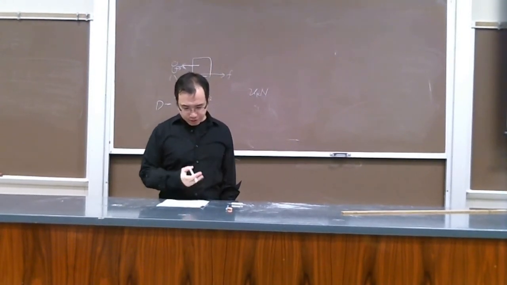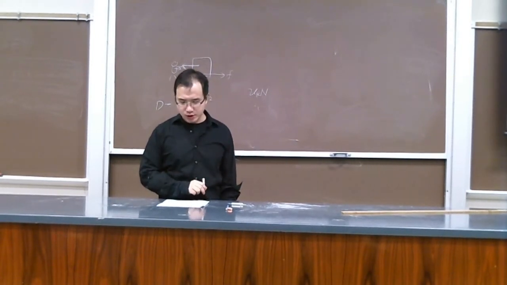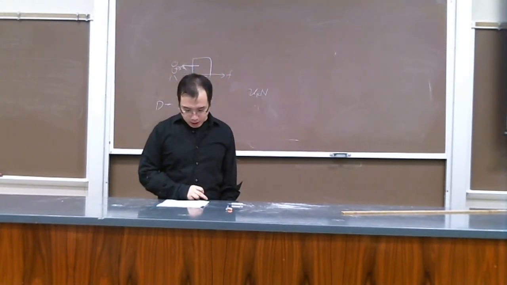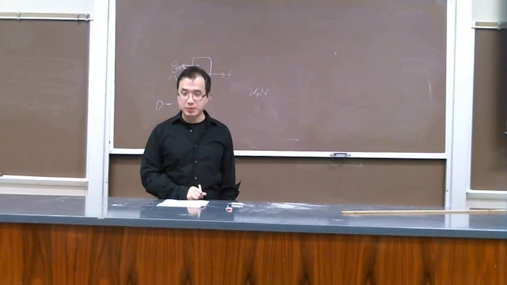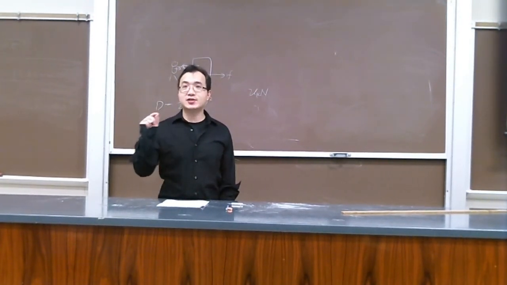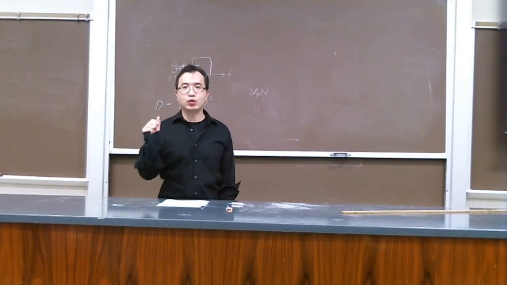Question 4: if a particle moves with a constant speed but changing direction, which of the following statements is true? The right answer is C. In this case, the acceleration is perpendicular to the velocity. Many of you would choose A, acceleration must be 0. What's wrong with this? You need acceleration to change direction. If it's constant velocity, then acceleration would be 0.